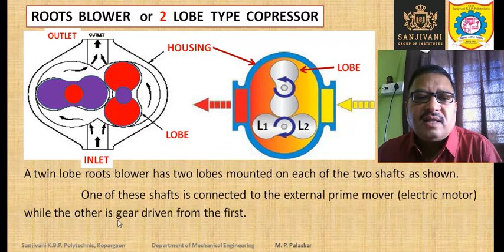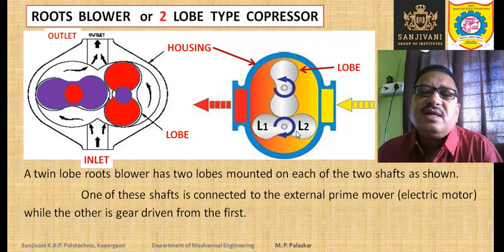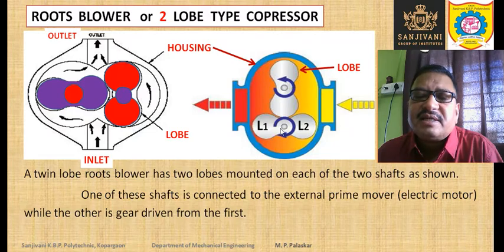The other is gear driven from the first. That means with the help of a gear drive, one rotor will drive the other rotor. These lobes cannot drive each other.